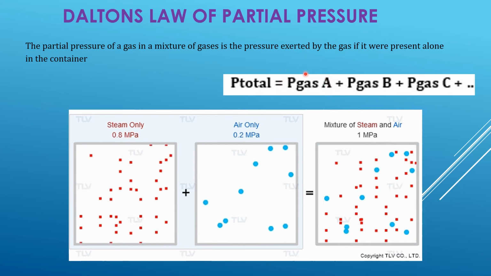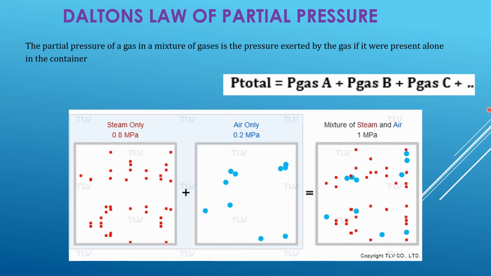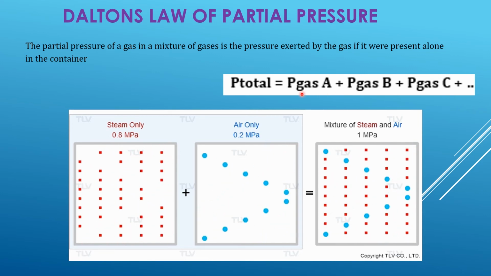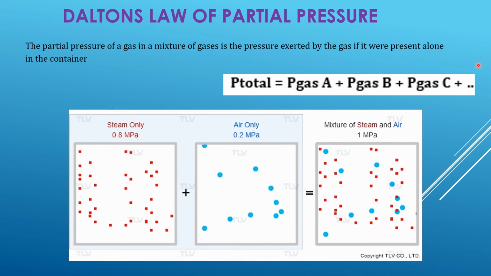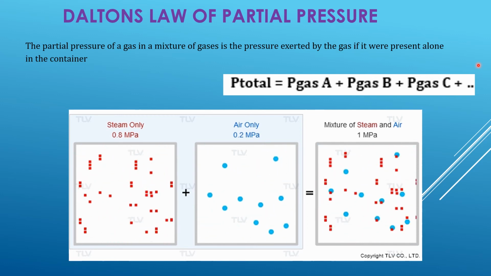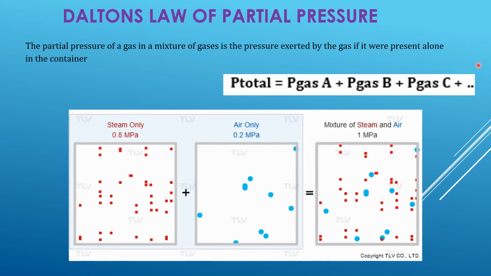and these individual pressures are known as the partial pressure. Now if you are given the partial pressure and you are asked to calculate the total pressure, then it's going to be very simple. You just have to add them up. However, if you are given the total pressure and the mass of each gas, how will we calculate the partial pressure?